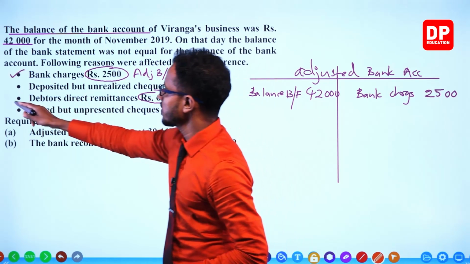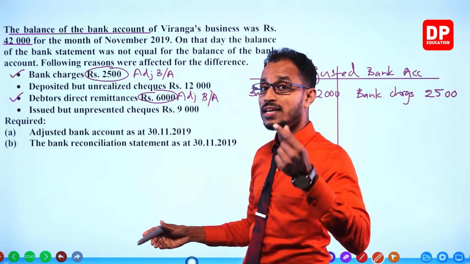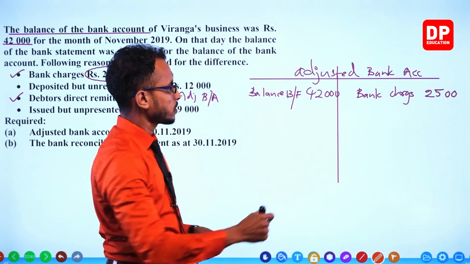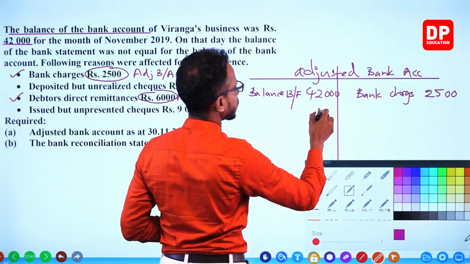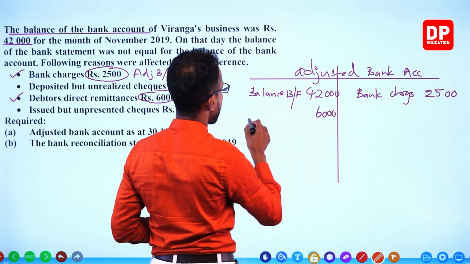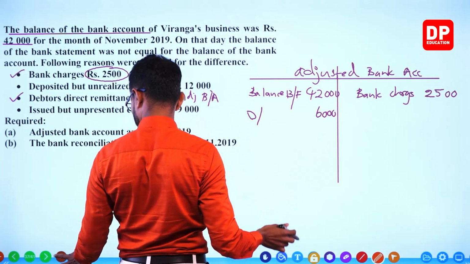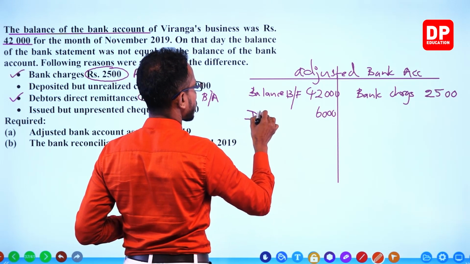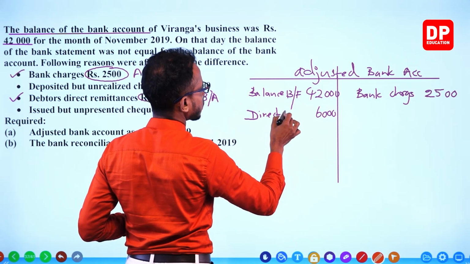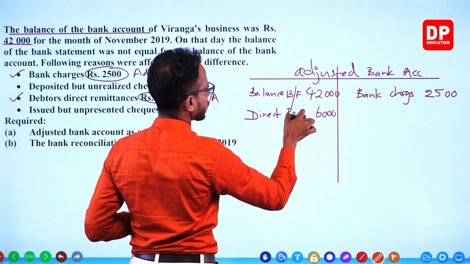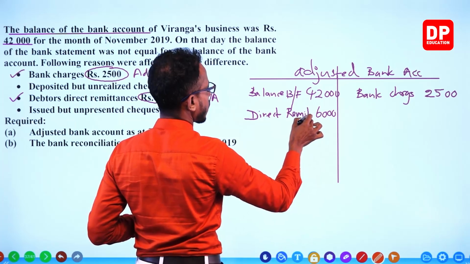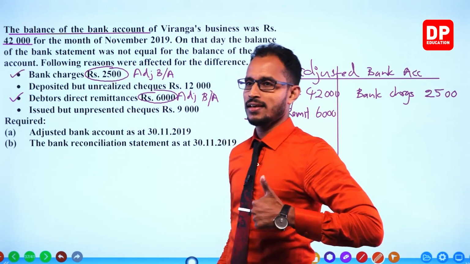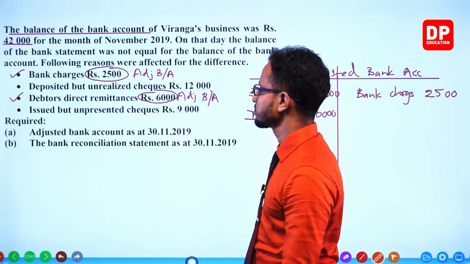This one, direct remittances coming into our account, cash from debtors, should be debited 6,000. Direct remit. Nice. Okay. It's done.